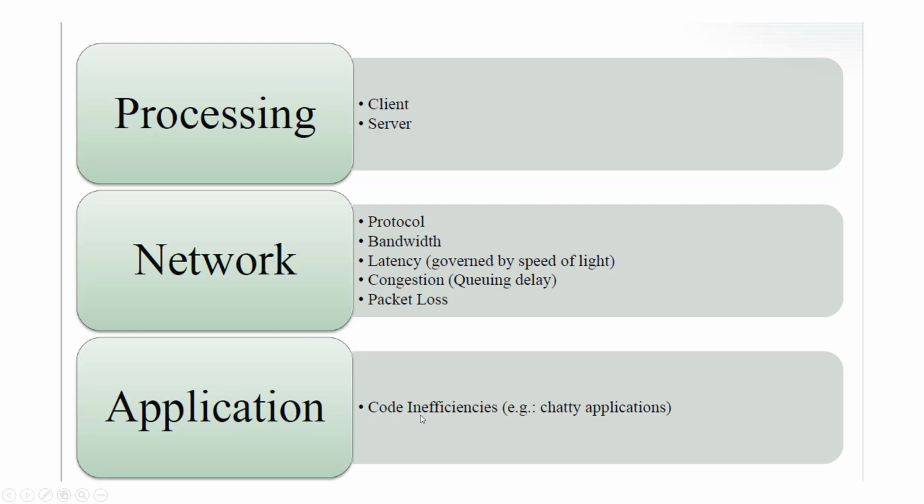We are talking about code inefficiencies and chatty applications. We will talk about that. This is when there is a lot of application turns between the client and the server. So instead of asking for a lot of data in one request, the client sometimes can ask many requests and is waiting for each request to come back before asking for the next one.